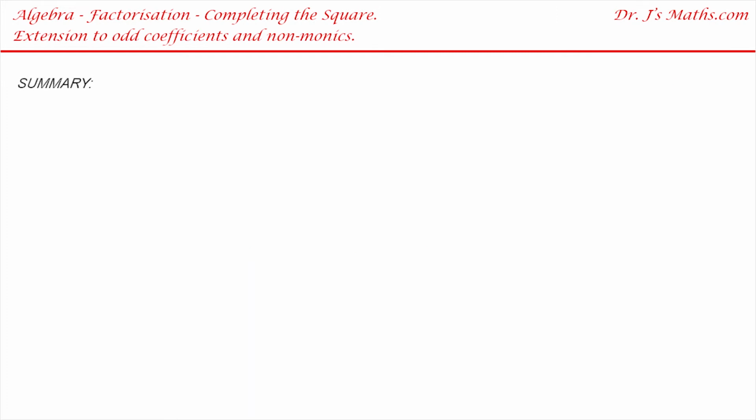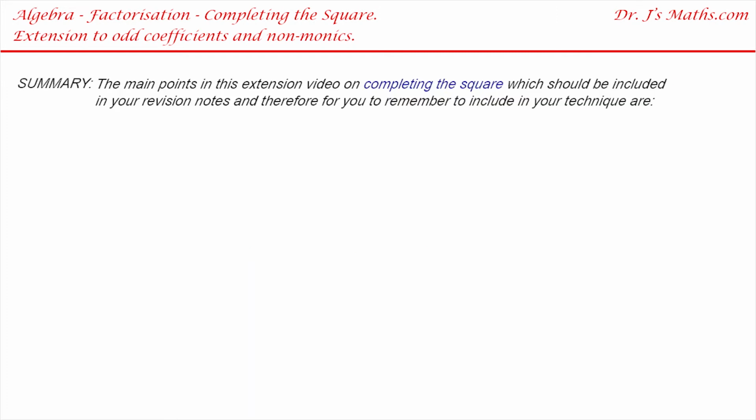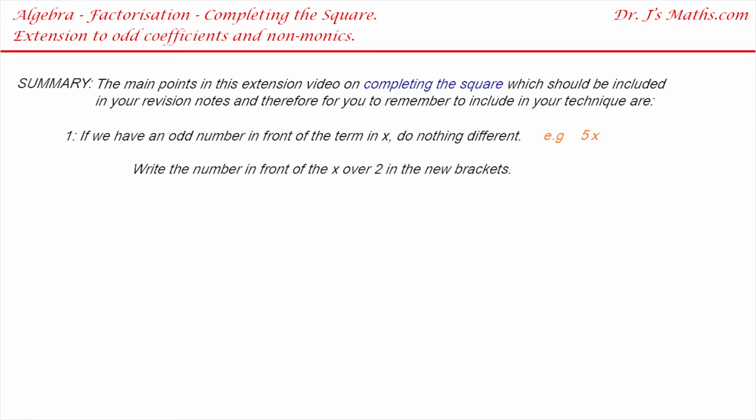So to summarise our discussion, you should make a little note in your revision notes about the technique that we've talked about here. Now, first, if we have an odd number in front of the term in x, we do nothing different. So if we have 5x, then we write the number in front of the x, the 5, over 2 in the new brackets that we're opening.